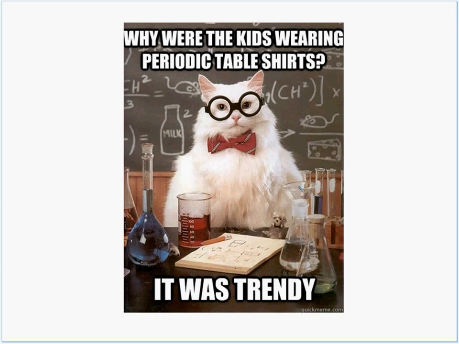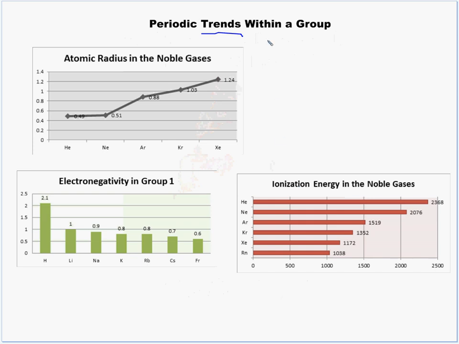Alright, so within a group. Last time it was period, right? Now it's group, so it's up and down. So in the noble gases, I remember the noble gases are inert. They're all the way on the right. So helium is the smallest one. So this is actually going down.